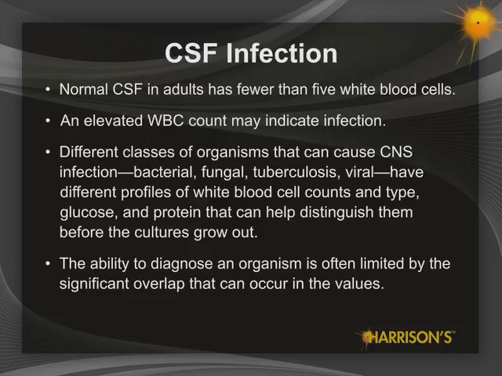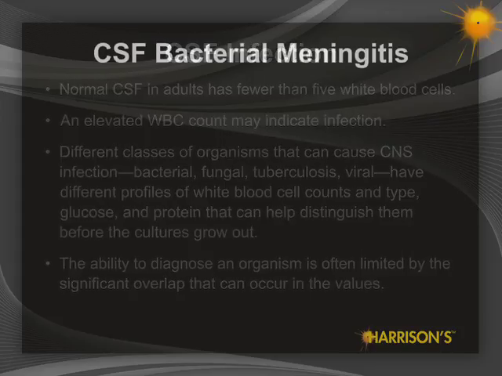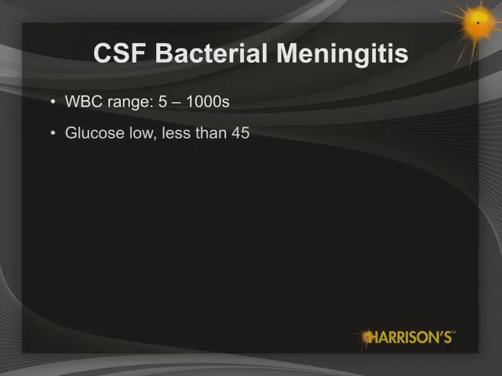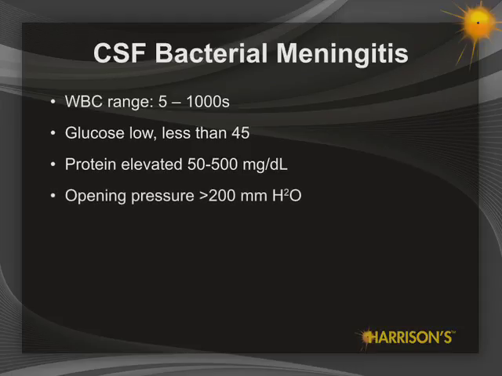For example, in bacterial meningitis, the white blood cell count ranges from 5 to thousands with a neutrophil predominance. Glucose is generally low, less than 45, and protein is elevated 50 to 500 milligrams per deciliter. Opening pressure may also be elevated, greater than 200 millimeters of water.